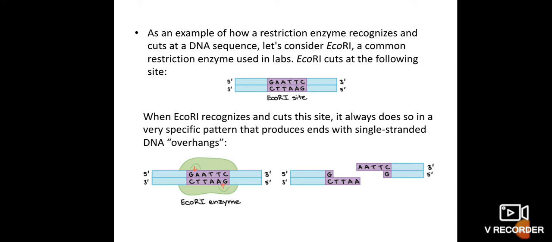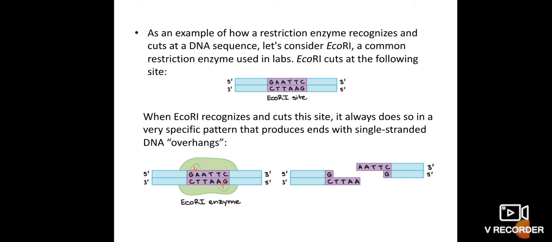The restriction enzyme EcoRI recognizes this specific sequence. So, this is the site which it recognizes. When EcoRI recognizes and cuts this site, it always does so in a very specific pattern that produces ends with single-stranded DNA overhangs. How does it cut it?